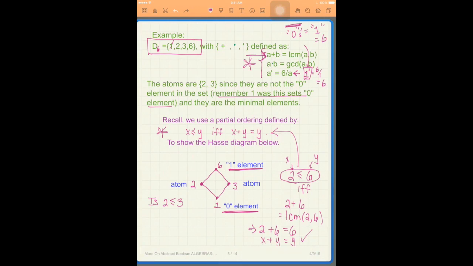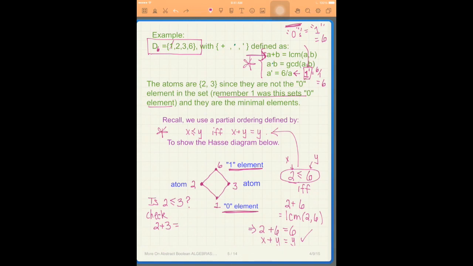Is 2 going to precede 3? Maybe that's a better word. Instead of saying less than, I'll say precede. Will 2 precede 3? Well, if and only if, you need to check. So you say if and only if x plus y is equal to y. So I just plug into the left-hand side. I plug in 2 for the x. I plug in 3 for the y, and I see what I get back.